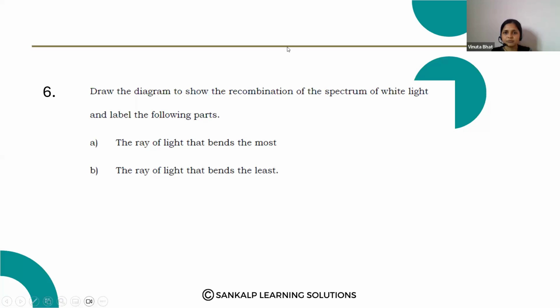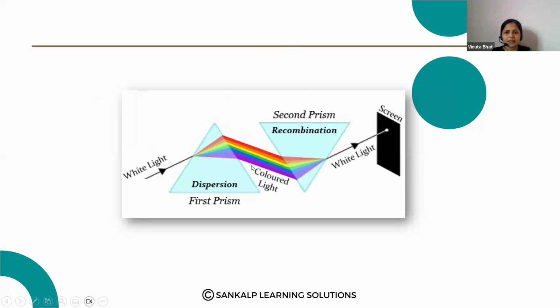Next question. Draw the diagram to show the recombination of the spectrum of white light and label the following parts: the ray of light that bends the most, the ray of light that bends the least. You have to note that down. When white light passes through the prism, it divides into 7 colors.